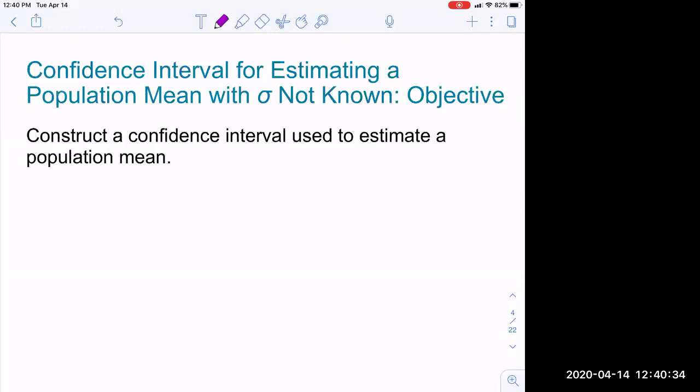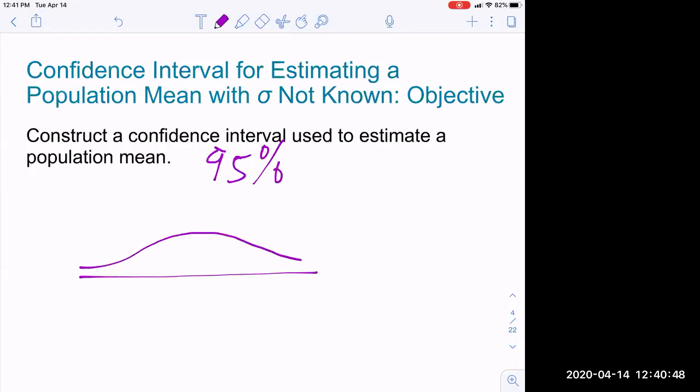I guess since we're going to do a 95% confidence interval in the example, I want to look at the analysis where I always draw the diagram. I know that in between here is going to be 0.95.